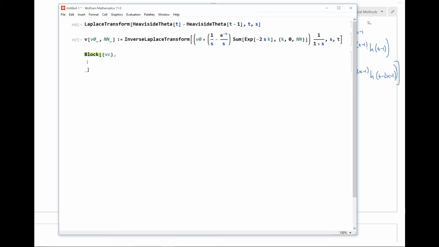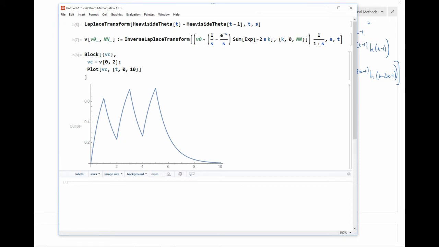So first, I pre-compute v by evaluating this expression. So let's say the initial velocity is 0, and let's look at the first two periods added. And let's plot the function vc in terms of t from 0 to say 10.